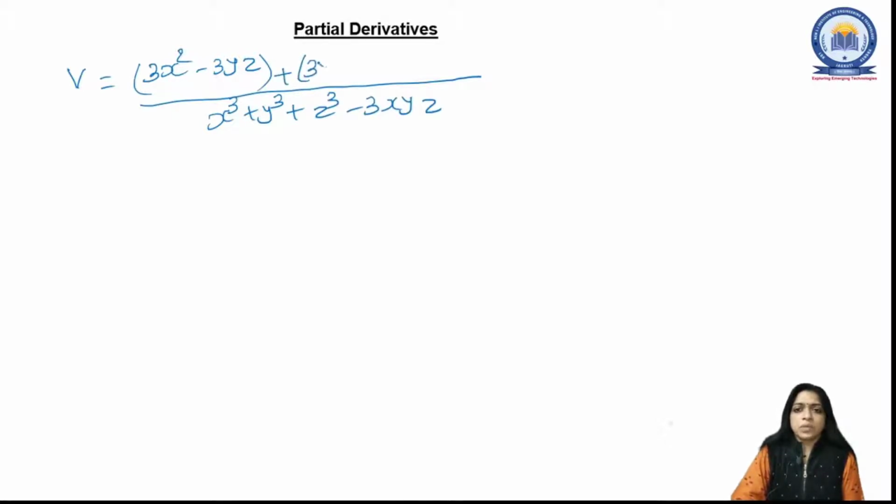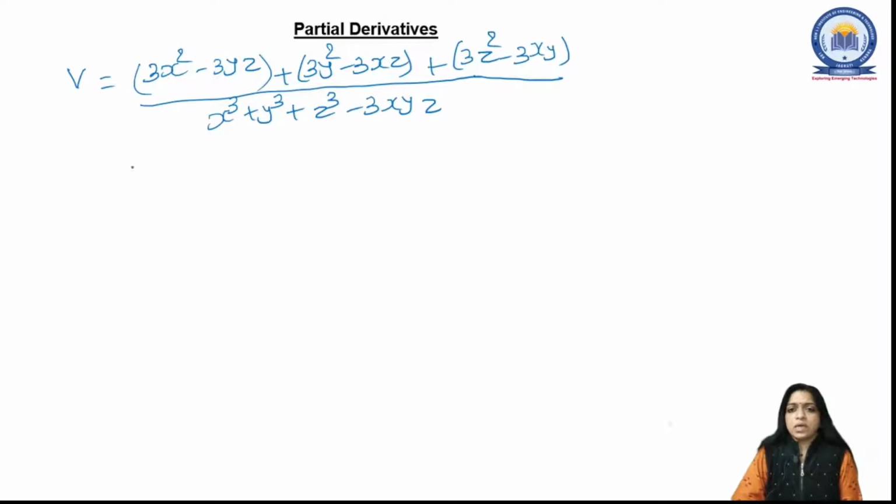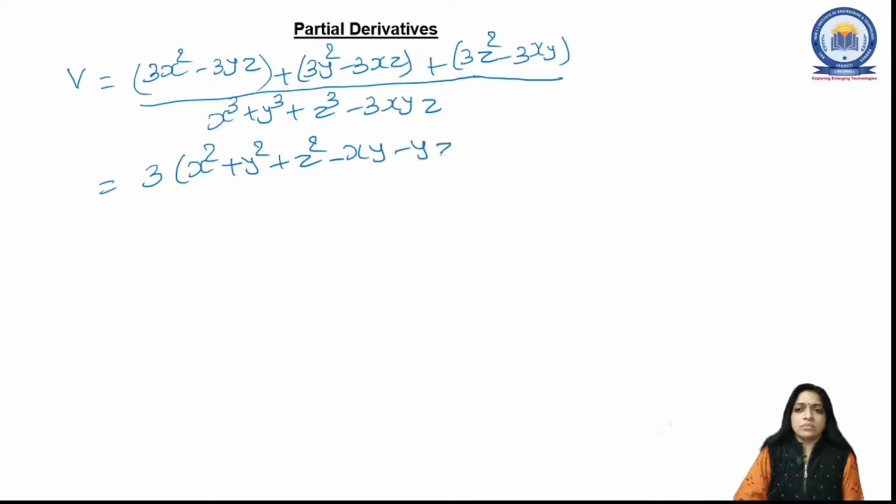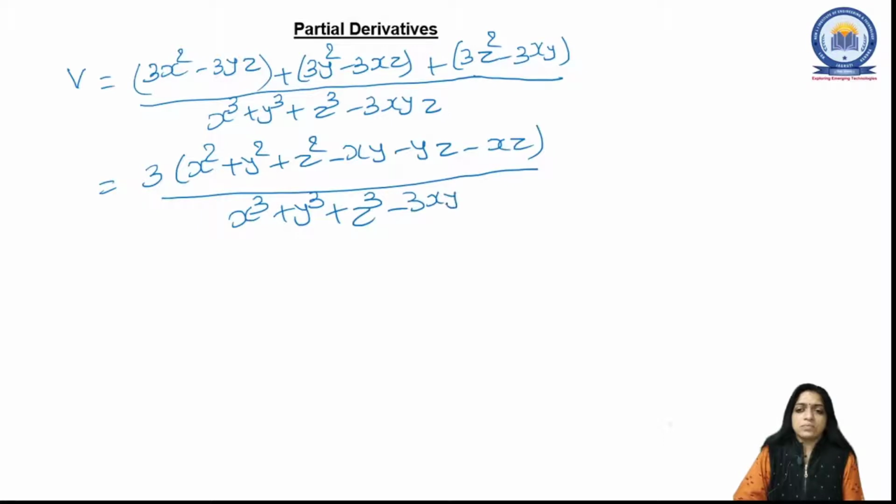Taking 3 common from the numerator, we get 3 times (x square plus y square plus z square minus xy minus yz minus xz) over x cube plus y cube plus z cube minus 3xyz.